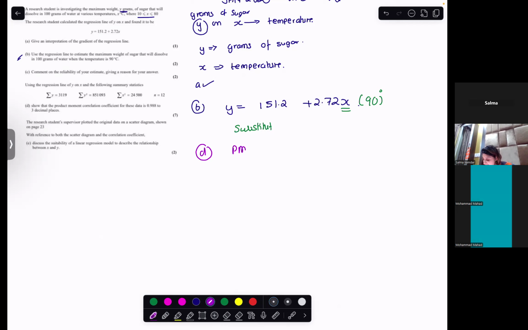That means I want to find the PMCC, r of y on x. What will be the formula? r is equal to Sxy divided by the square root of Sxx times Syy.